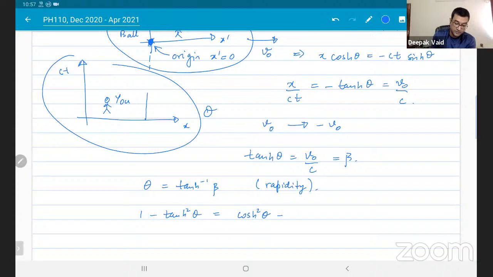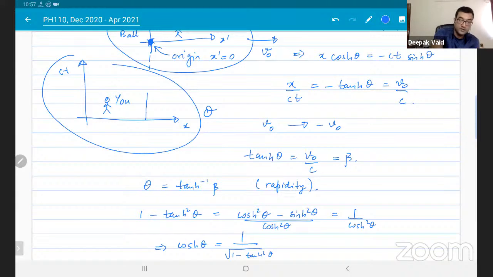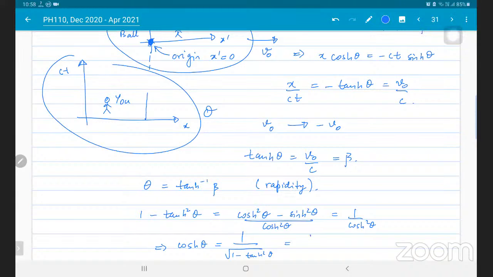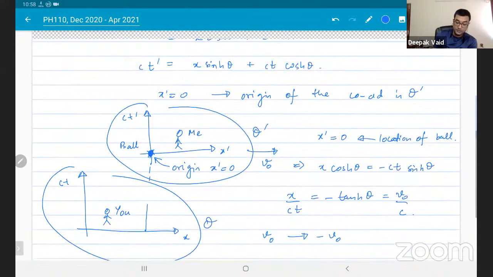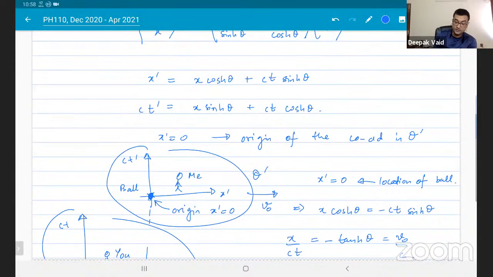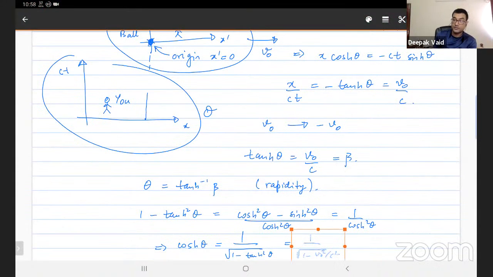I get cosh square theta minus sinh square theta over cosh square, equal to 1 by cosh square. So that means I can write cosh theta as 1 by square root of 1 minus tanh square theta. And what is this? This is 1 by root of 1 minus V naught square by C square. This quotient is related to the relative velocity of the two frames of reference.